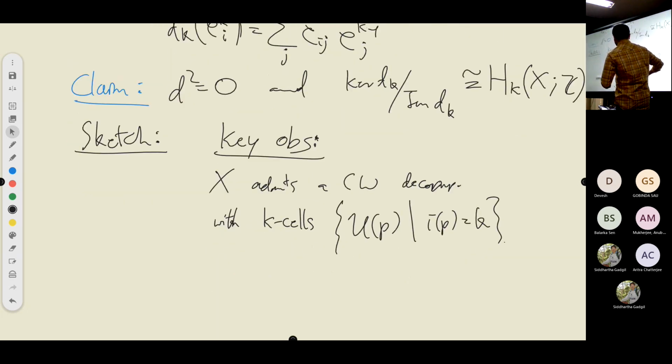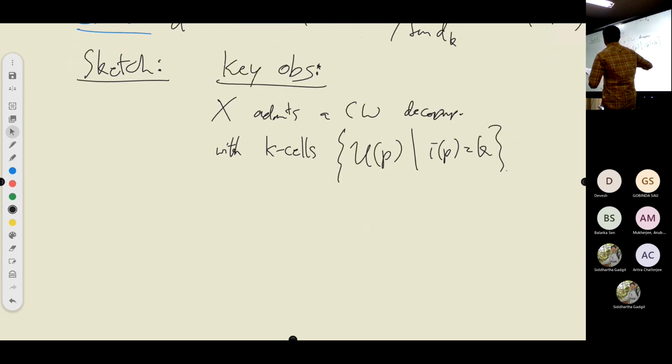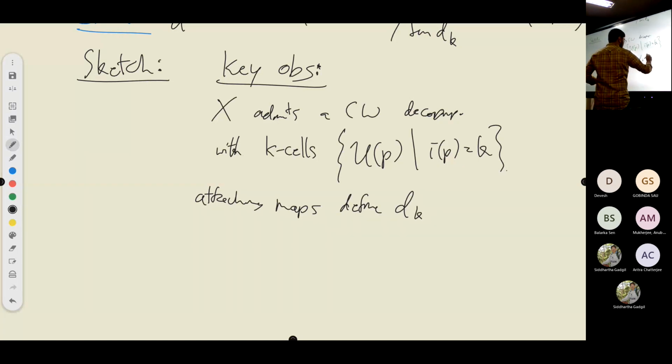But once you have this key observation, the final thing that's much simpler to see is that the attaching maps define d_k via cellular homology.